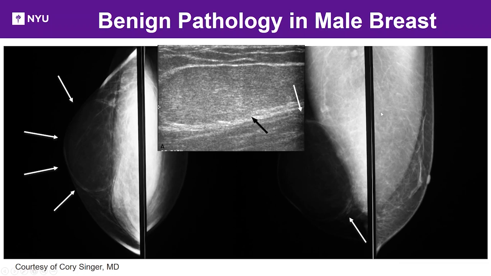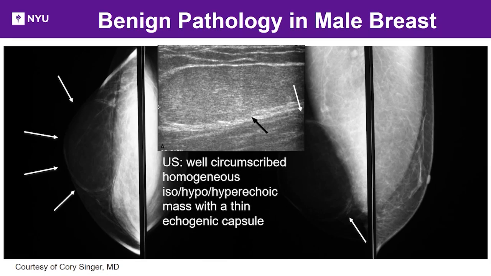You can see on sonography, it's going to be this diffuse pattern where it's going to be uniformly hyperechoic, and this is going to show you where the pseudocapsule is, and right beneath here, this is the pectoralis muscle. To summarize these findings, on ultrasound it is a well-circumscribed homogeneous mass, can be iso, hypo, or hyperechoic, and this is that thin capsule we see on sonography and on mammography.